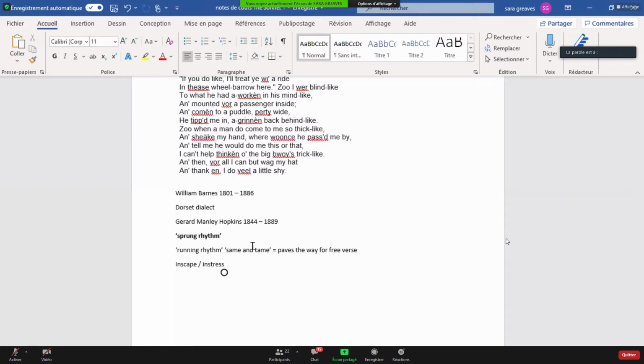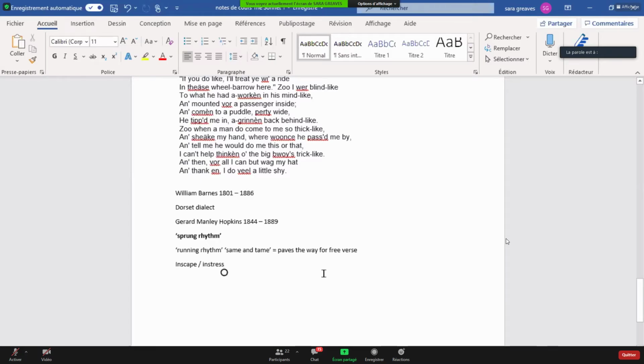Okay, English prosody is built upon this contrast between stressed and unstressed syllables. And so for Hopkins, this was too same and tame. Tame, ça veut dire apprivoisé, and same, always the same sound, too boring.